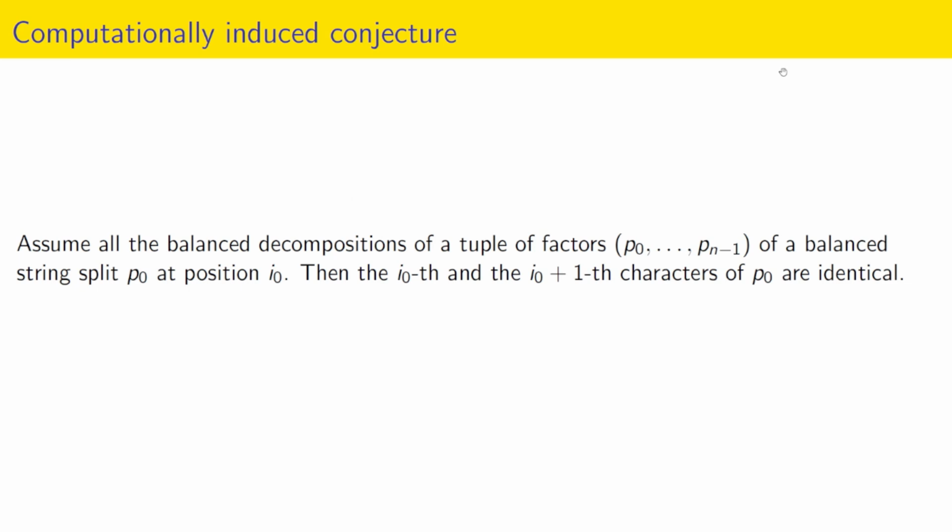By generating all the possible strings and checking the decompositions, I found this, which I don't know whether it's true or not: if you have some particular tuple of factors which is balanced, and you compute all the decompositions, and all the decompositions split one of the strings in the same position, then in that position the two characters before and after must be identical. It seems to hold for very, very many cases.